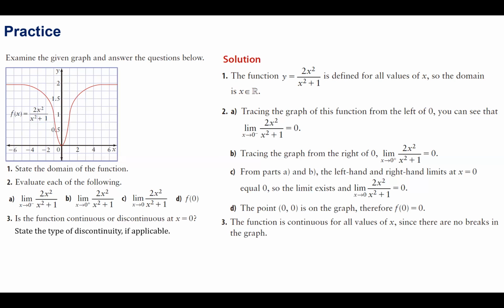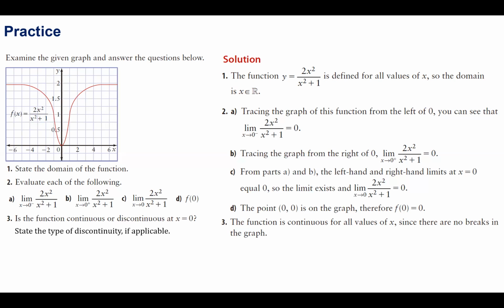We can see the limit of this function as x approaches 0 from the right side equals 0. Therefore, from parts A and B, the left-hand and right-hand limits at x equals 0 are both 0, right? Therefore, the limit exists for this function when x approaches 0. This limit is also 0, right?